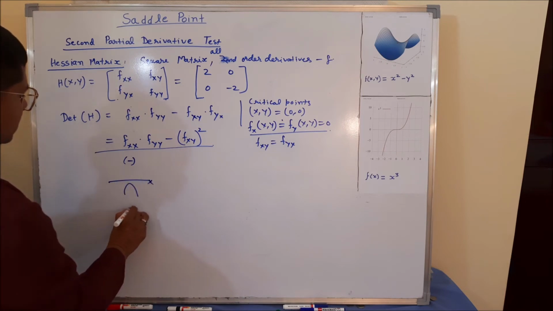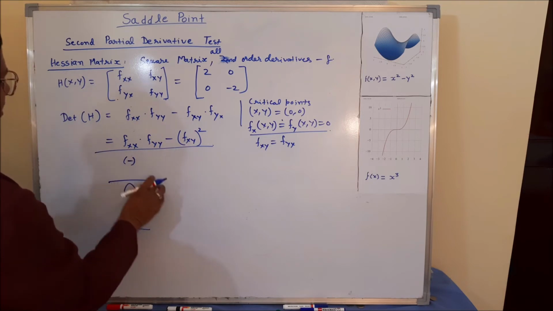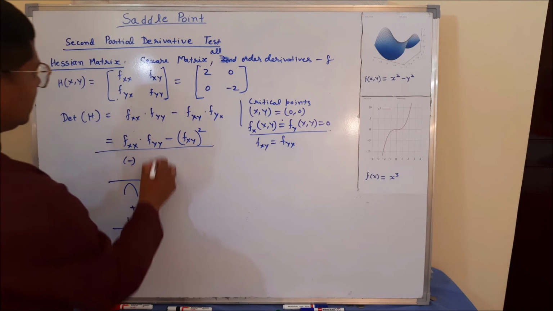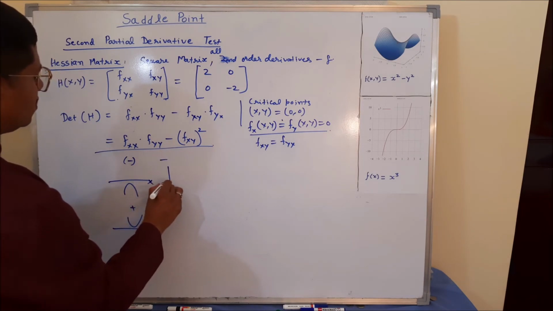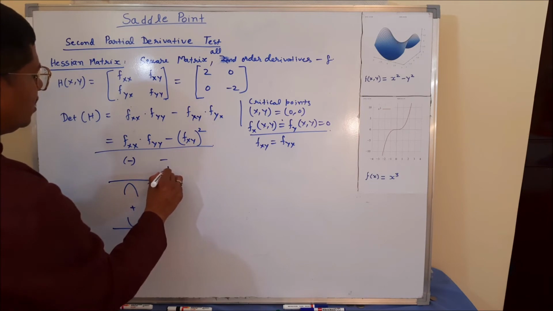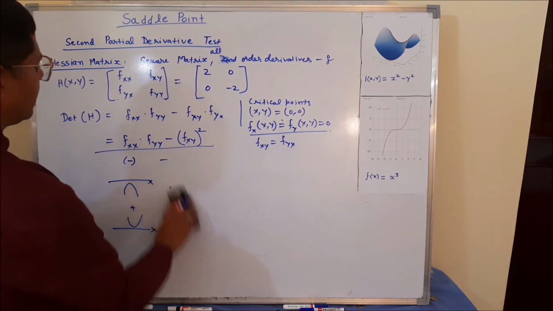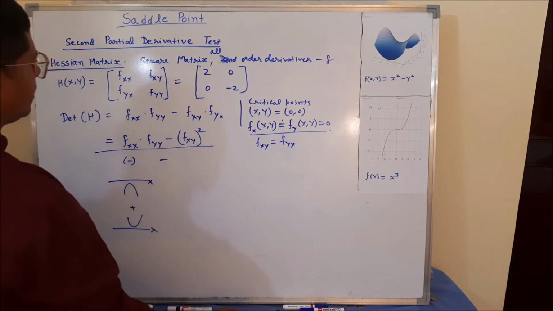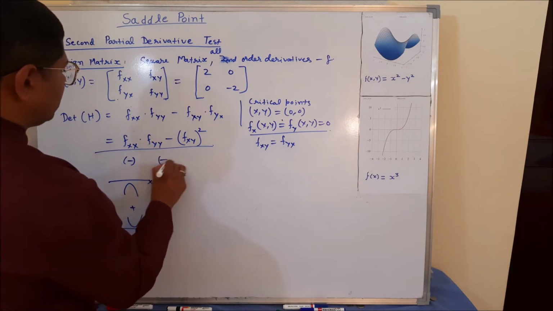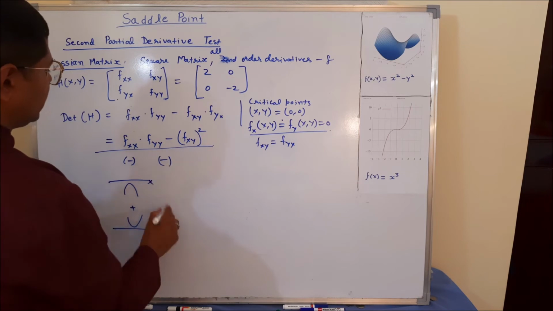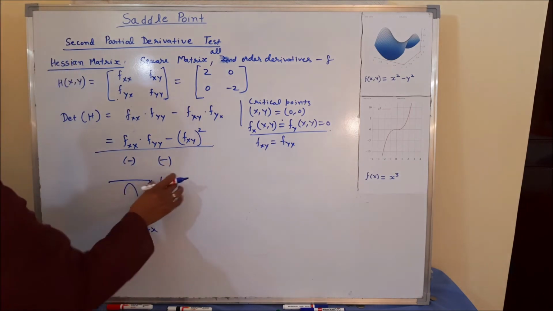If it is positive, then it will show positive concavity with respect to the x-axis. Similarly, if fyy is negative, then it will show negative concavity with respect to the y-axis, and if it is positive, then it will show positive concavity with respect to the y-axis.